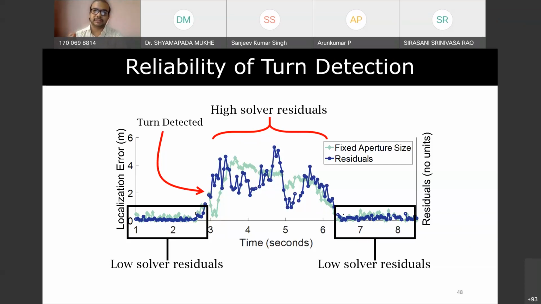Suddenly the velocity was, let's say, 1 and 2 for Vx and Vy, and suddenly it becomes something else, like 7 and 8. The solver errors accumulate, and that indicates that I have to get rid of the older part of the aperture and start the aperture afresh. That is how I can make the aperture adaptive. So this is the turning instant that we are detecting, and from the turning point onwards, we refresh the aperture.